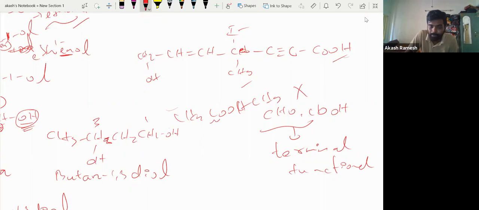Because the carbon atom would have 5 bonds. Look at this: C double bond O, and OH. All 4 bonds of the carbon atom are already done. How will you have one more CH3 like this? CHO is also the same. CHO and COOH are terminal functional groups, and you have to start numbering from that carbon only.